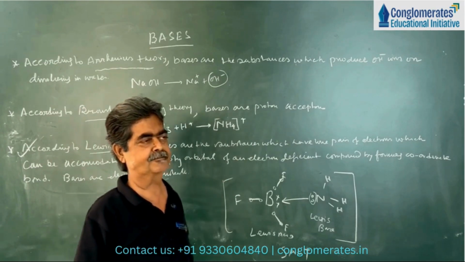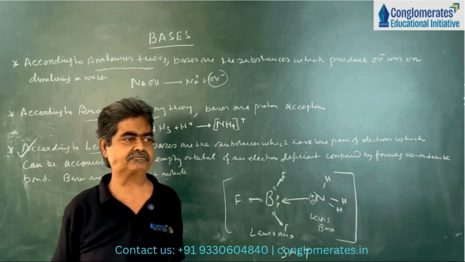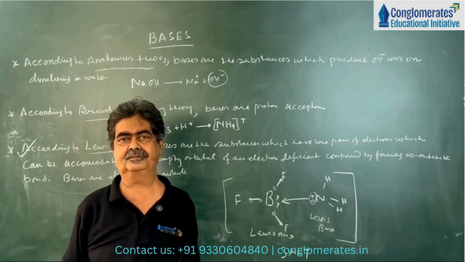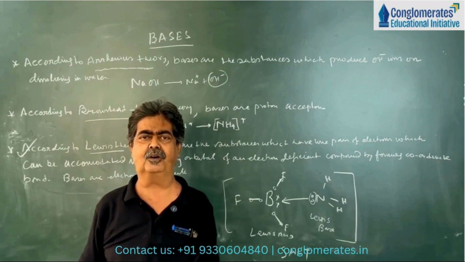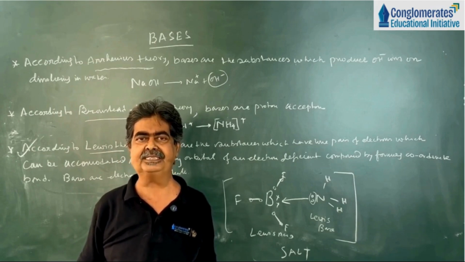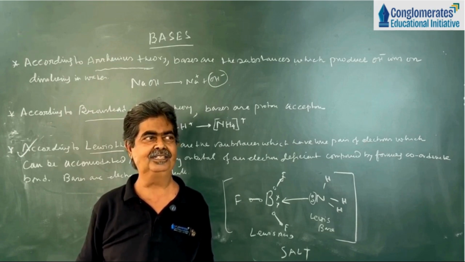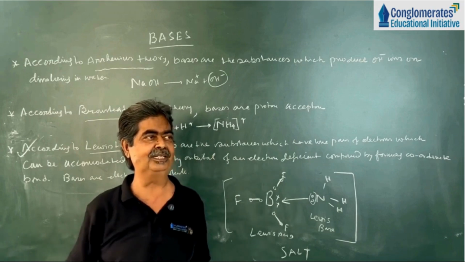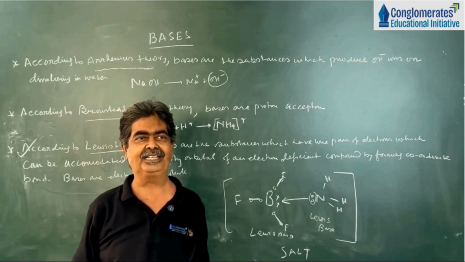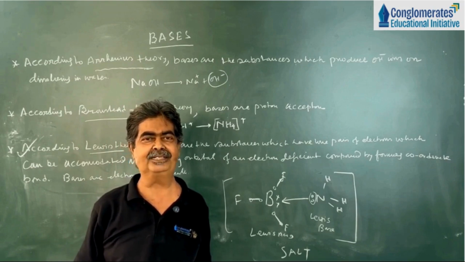Now second part, strong base and weak base. Now what is strong base? There are 2 types of bases, strong base and weak base. Strong bases are the bases which on dissolving in water form hydroxyl ion with complete ionization.